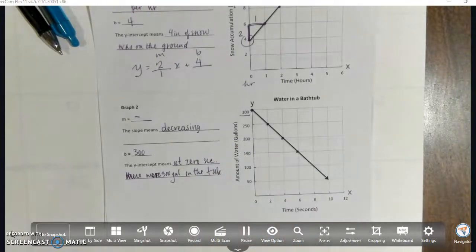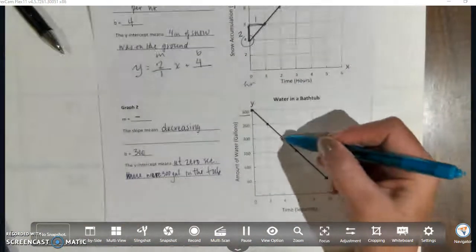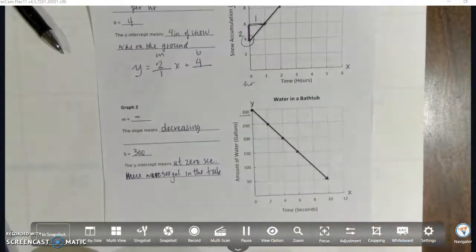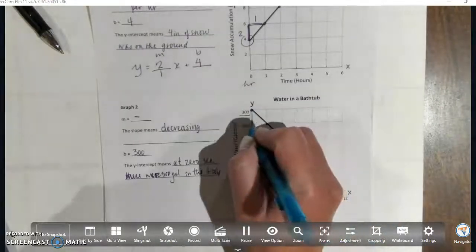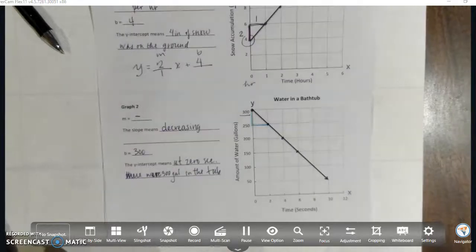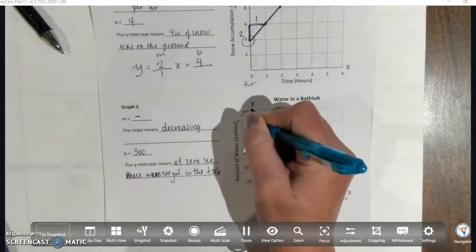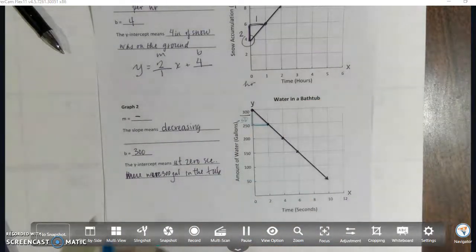That's a lot. 300 gallons in the tub. And so here's our rate of change. Let's take a look at it. I already did these little dots to help me with my analysis. Again, when we are in our graph, it's decreasing 1 unit by 1 unit. However, the value of the unit is not 1. Here we went from 300 to 250, a decrease of 50.